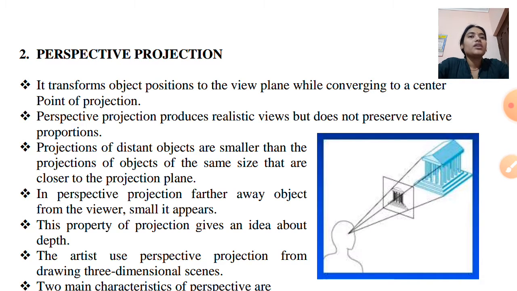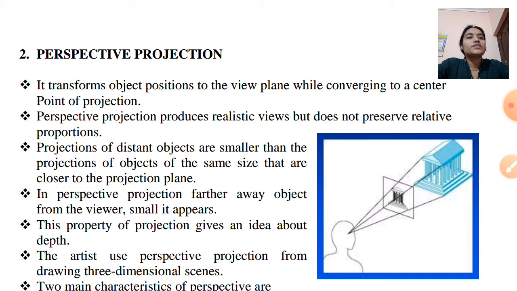In parallel projection, it does not produce a realistic view, but it preserves the relative proportion. But here in perspective projection, it produces a realistic view but does not preserve the relative proportion.